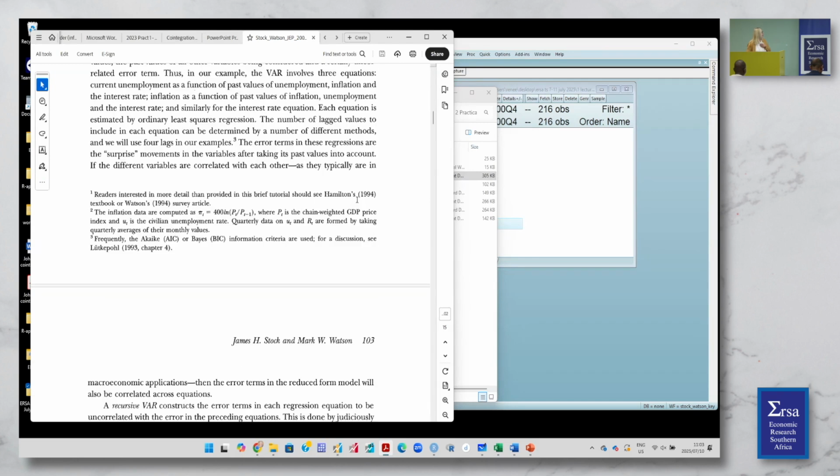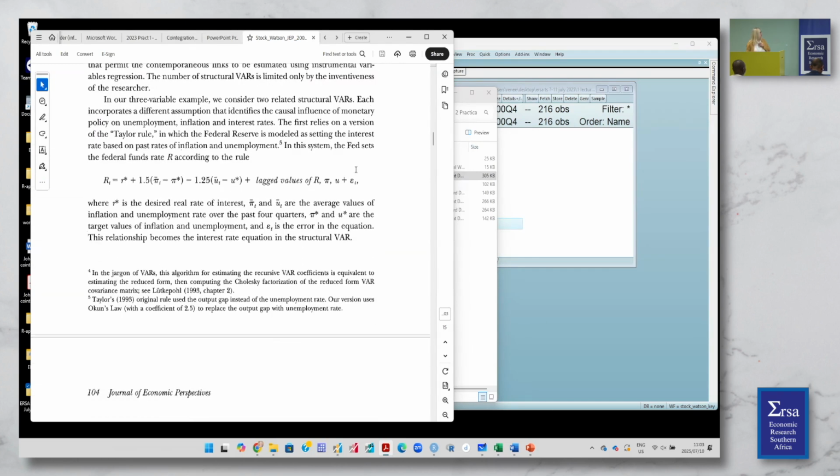So since the data comes with it, it is a nice application to use.